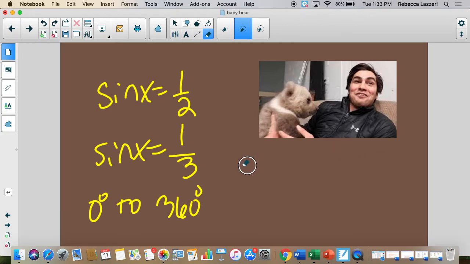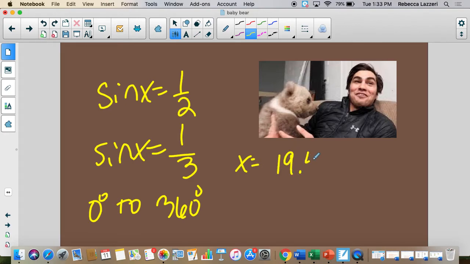Always give me 3 decimal places for the angle. And girls, you don't have to find the fraction first. You can just slap it right in. Inverse sine 1/3. Do you have one?